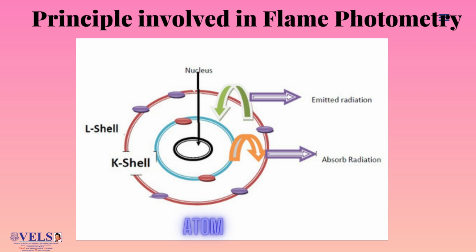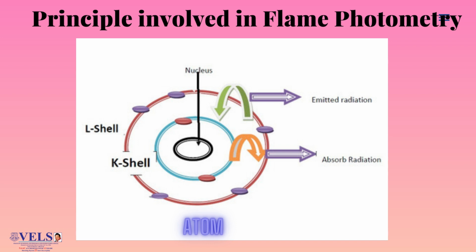During that process, the paired electrons become unpaired electrons. The unpaired electrons are not stable, so they come back to the K shell. During that transition, the absorbed energy is emitted as radiation.